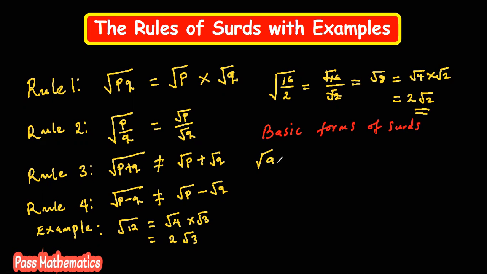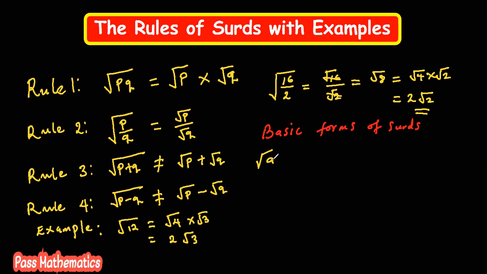Provided that A does not have a factor that is a perfect square, we say that it is in its basic form and cannot be broken down into two factors where one of them has an exact square root.